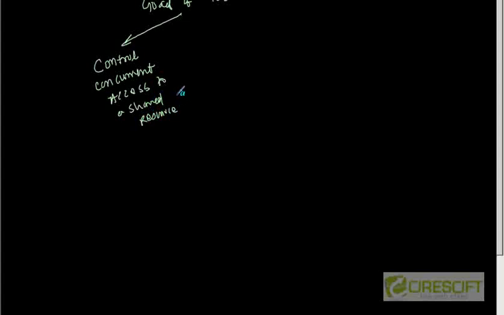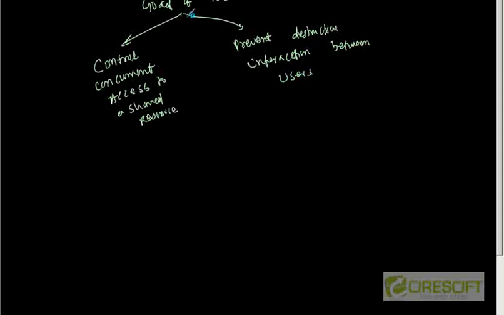So basically, locks are used to control concurrent access to a shared resource and to prevent destructive interactions between users.